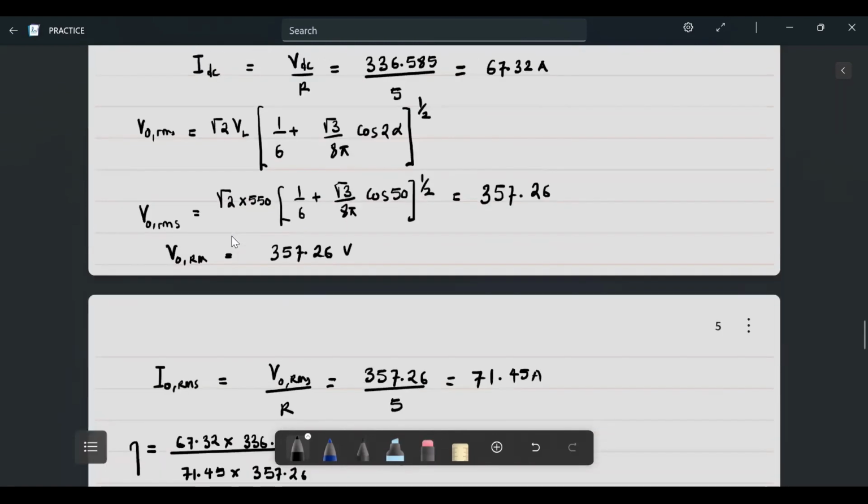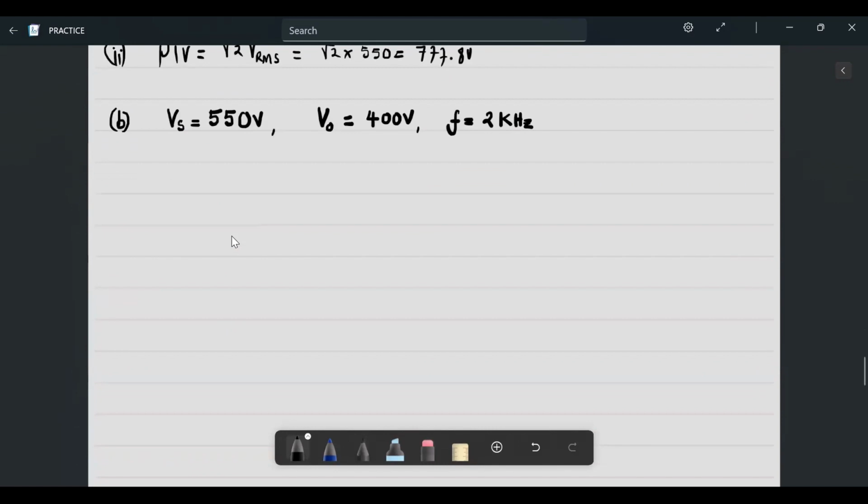Now the first thing we need to determine is the relationship between what? So we have a biconverter, as I mentioned. Looking at the data given here, it's a buck converter. And since it is a buck converter, we know that the output voltage is equal to the supply voltage times the duty cycle.